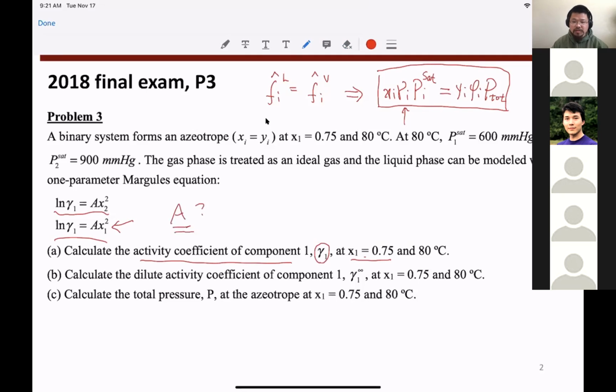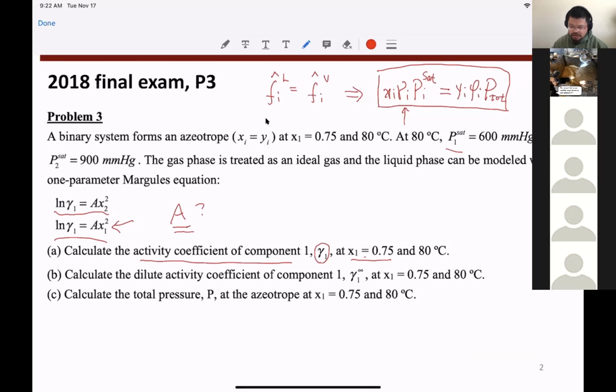The A value is not provided, so we need to figure that out. In order to do that, we need to set up the equation for component 1 and component 2.